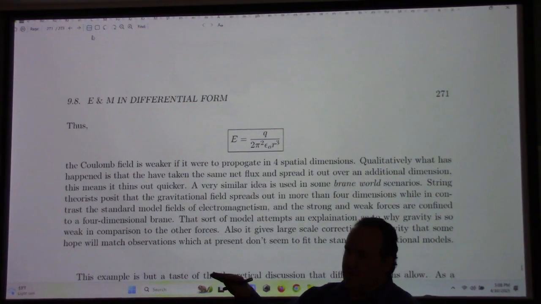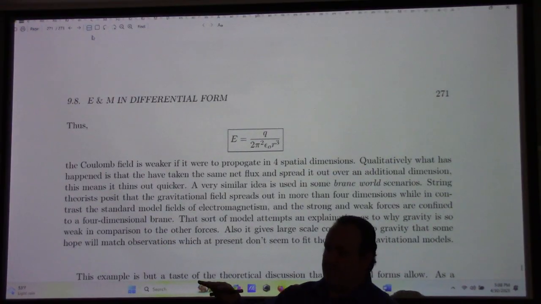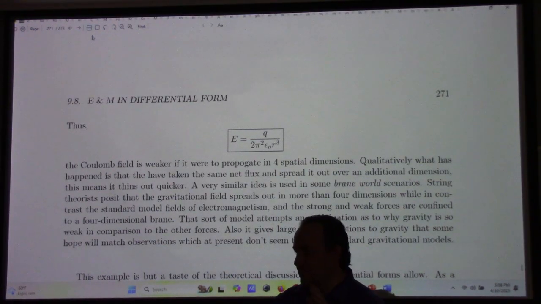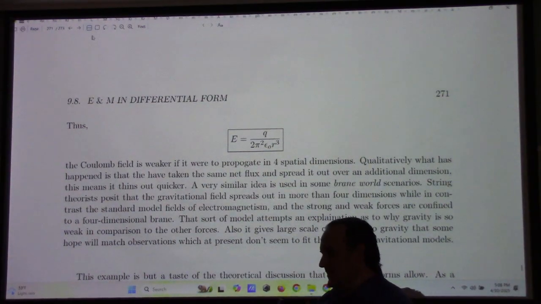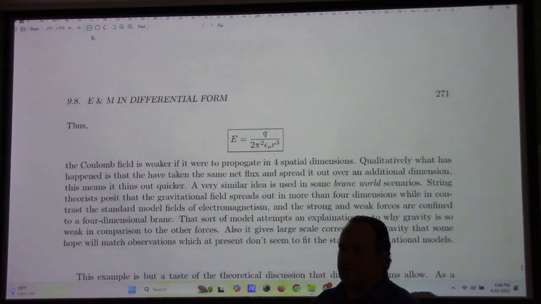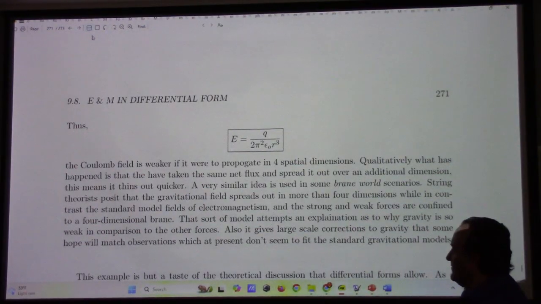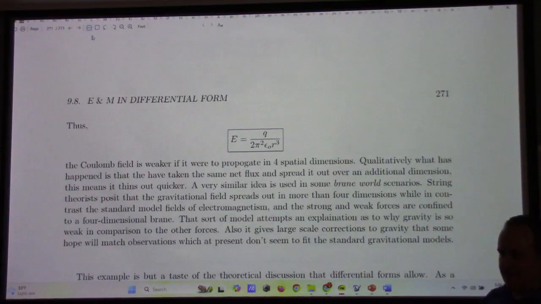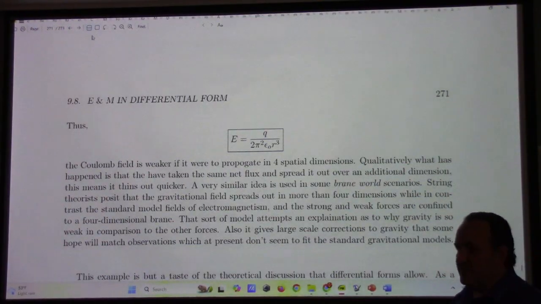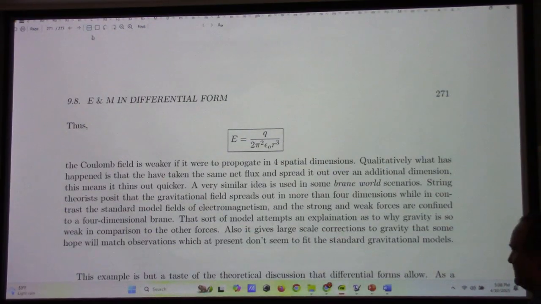Because they're stuck on the branes, the standard model fields have to just spread out in 4 dimensions, whereas gravity is free to spread out in like 10 dimensions. And that's why gravity is so weak in comparison. If you study physics, the weak, the strong, and the electric fields are way, way stronger than gravity. Why is gravity so weak? String theorists say it's because there are these 6 extra dimensions you can't see where gravity spreads out. At least that's what they said when I wrote these notes, but that was 15 years ago, so who knows what they're saying now?